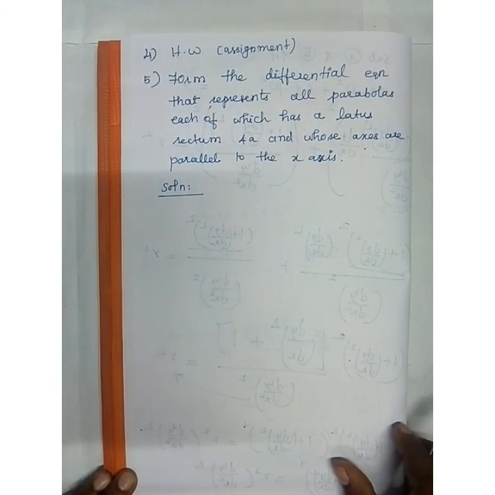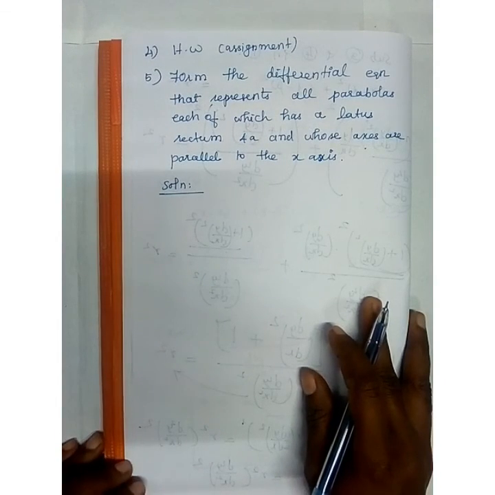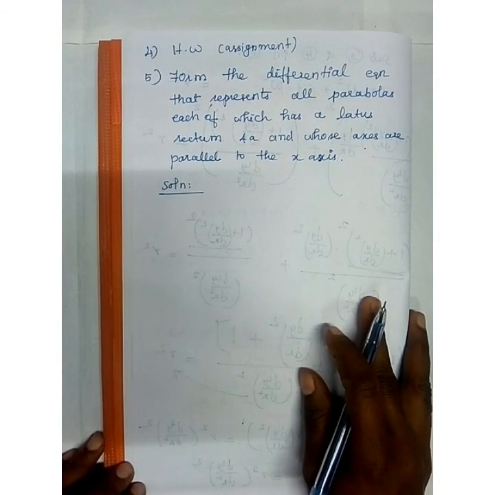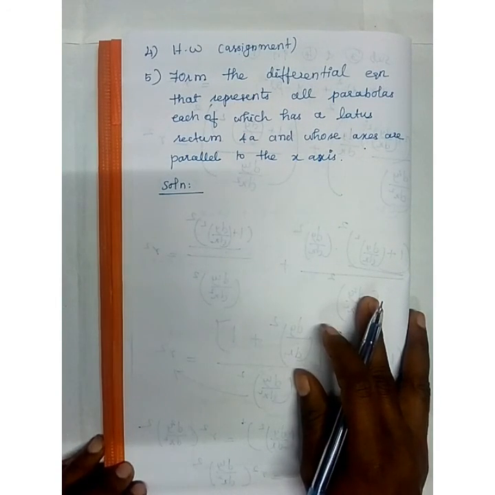Let us see how to write the parabola equation. Already in the first class itself I told you some of the straight line equations, circle equations, and families of curves.